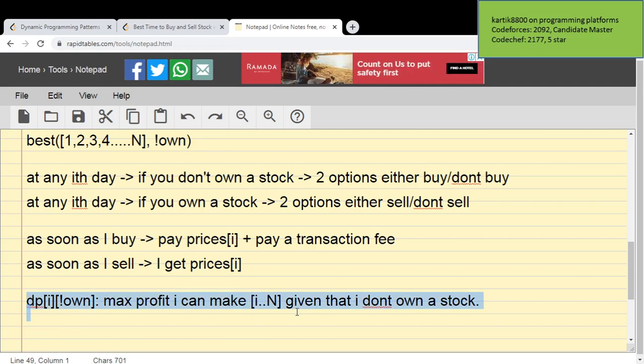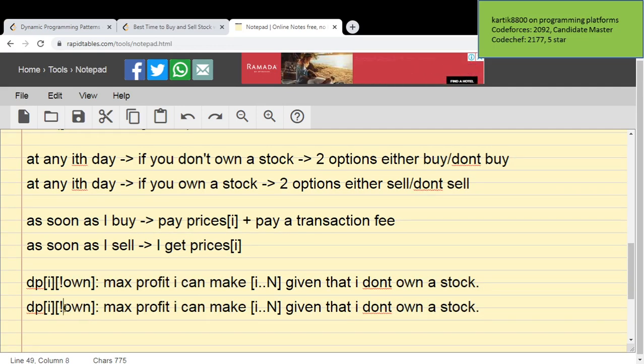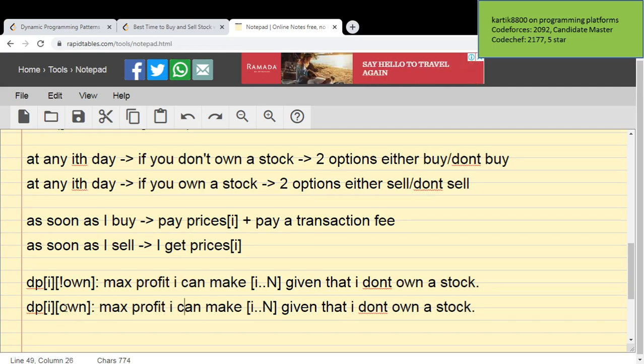And similarly, you can define DP of I own also. What is the maximum profit I can make from day I till day n, such that I do own a stock, right?